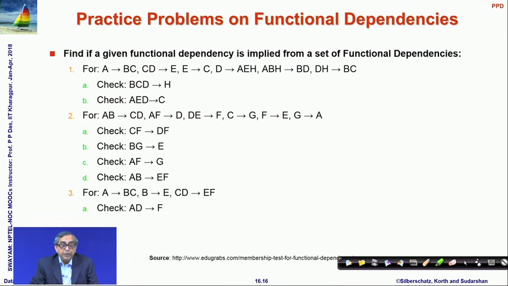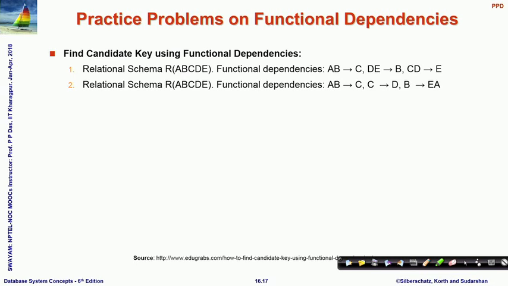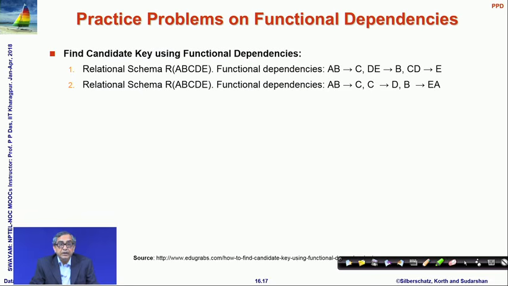There are three problems where three sets of functional dependencies are given, and you are asked to check one or more functional dependencies to see if they are implied from that set. So, use the attribute closure and the algorithm that we have discussed to practice these problems and become a master of that. You can also find candidate keys using the functional dependencies. Sets are given, and your task would be to find the candidate keys.